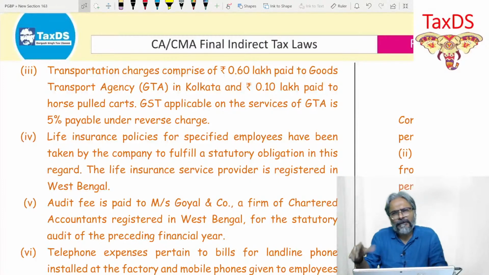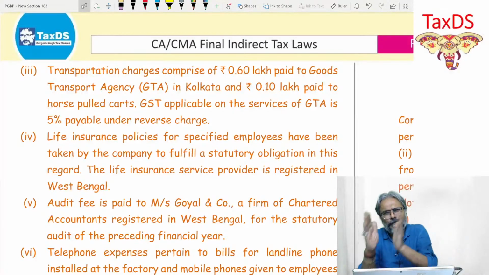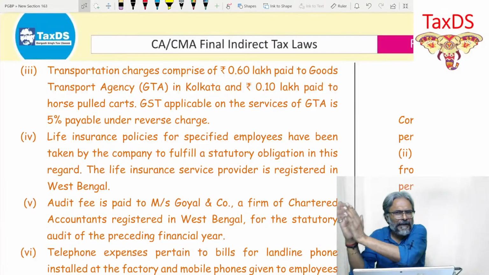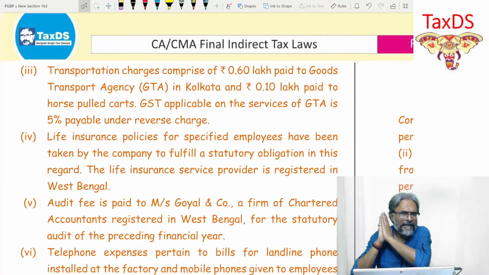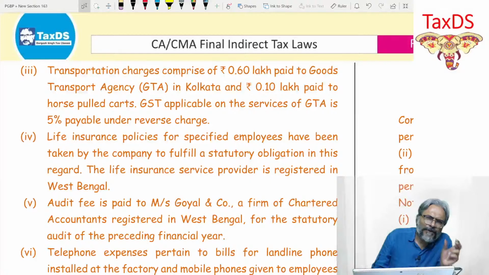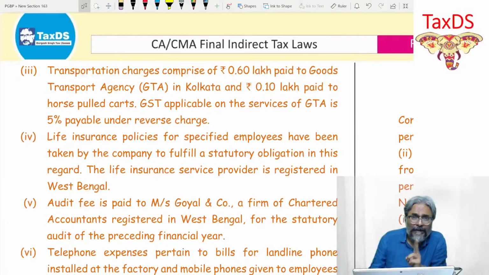Okay, so if there is a transportation of goods other than by GTA and by a courier agency, then such transportation services are exempt. So in that context, we can say that this particular 0.10 lakhs out of the total transportation charges will not have any GST because it is exempt.